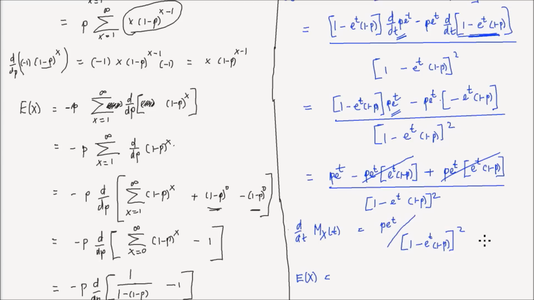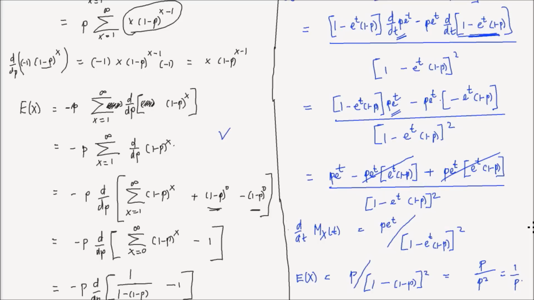So when you plug in 0 for t in this derivative, you get p times e to the power of 0, which is 1, divided by 1 minus e to the power of 0, which is 1, so 1 times 1 minus p, squared. So 1 minus 1 minus p is equal to p. Therefore, I have p divided by p squared, which is equal to 1 over p. So the expectation I found using this way is exactly the same as this one.